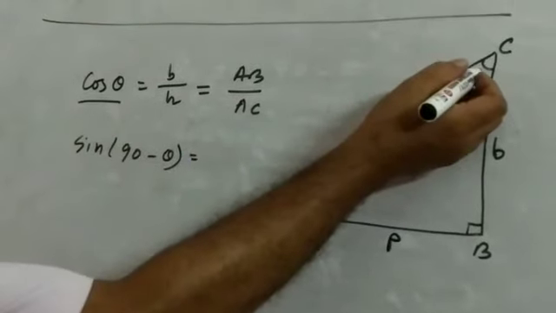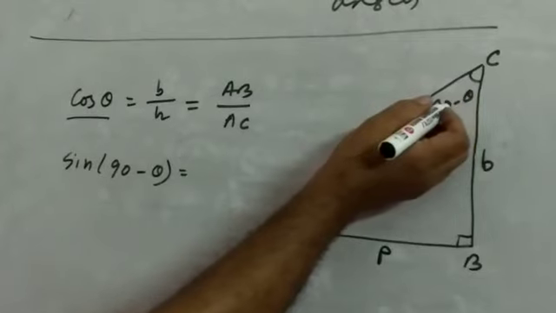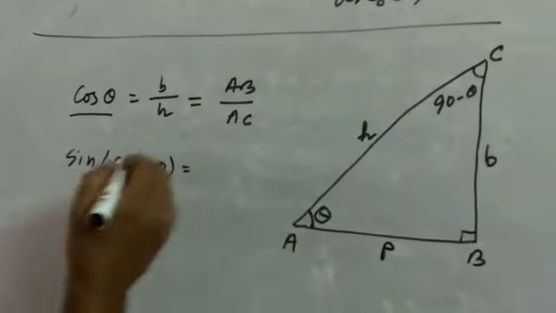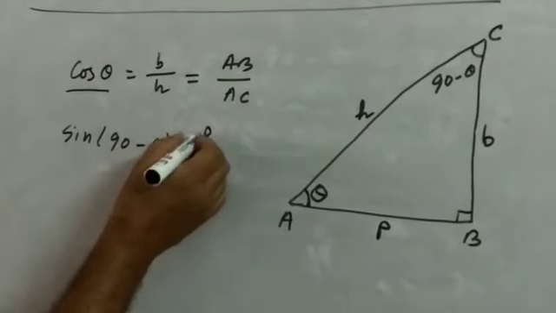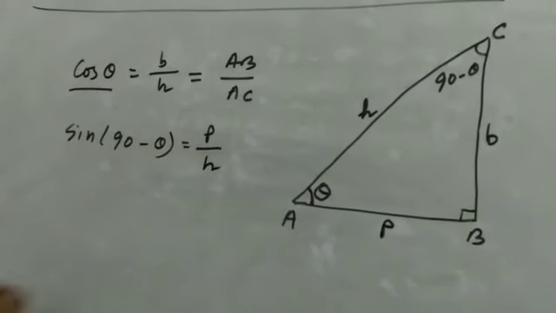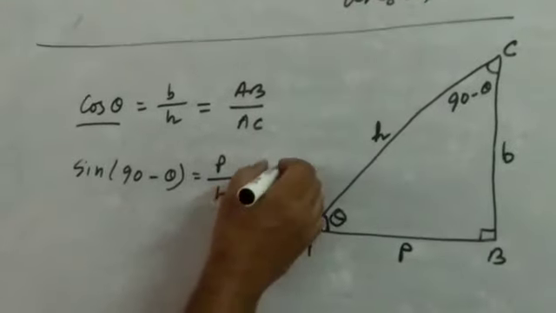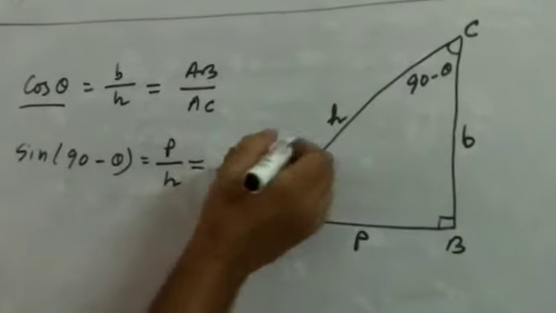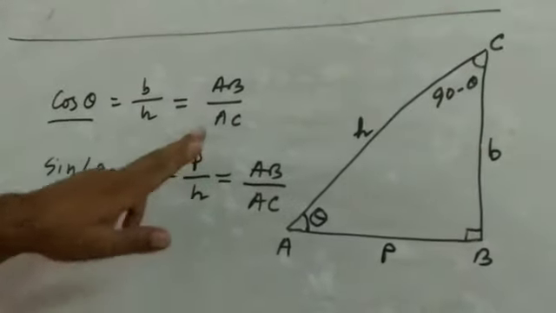With respect to this angle 90 minus theta, the sine formula, whatever the angle, is P by H. Here P is side AB and hypotenuse is AC. Now you see the relation.